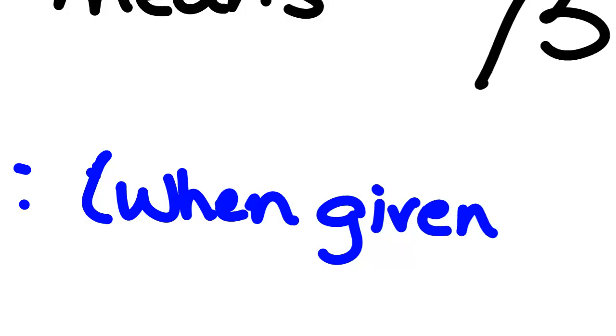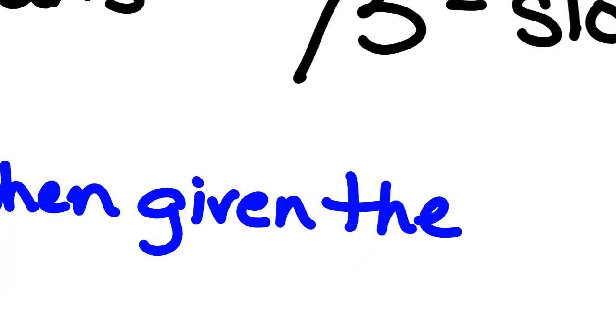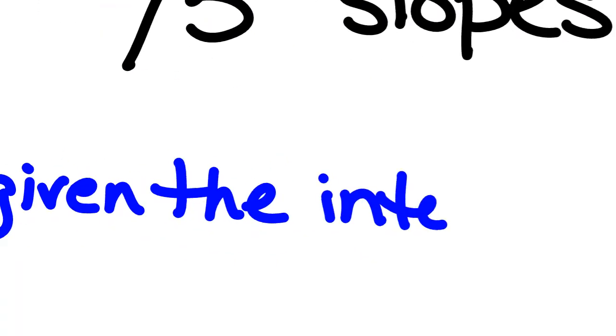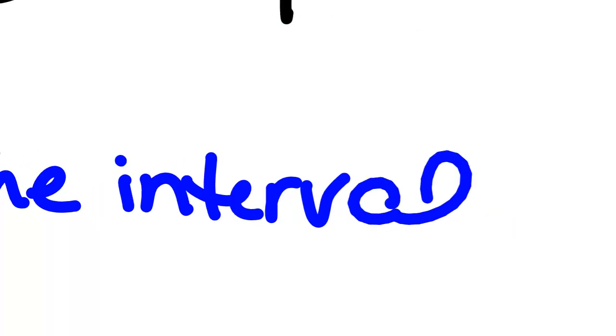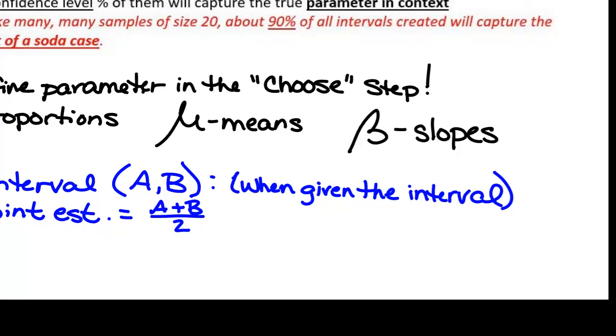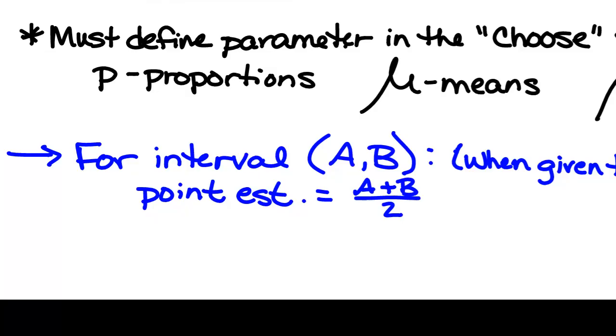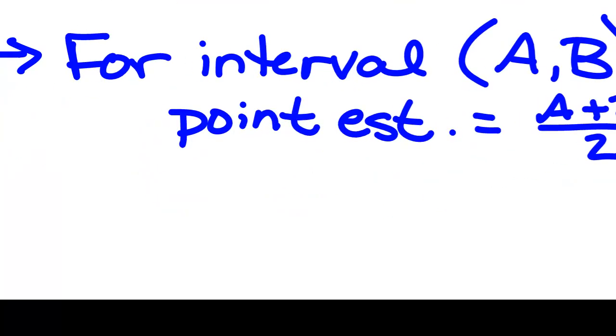Again, this is when given the interval. If we are not given the interval, then we have to use our statistic as the point estimate. When they give us the interval, they're not telling us the statistic. We're supposed to use the interval to reverse engineer what the statistic is.